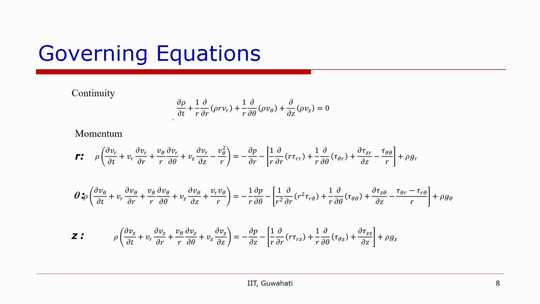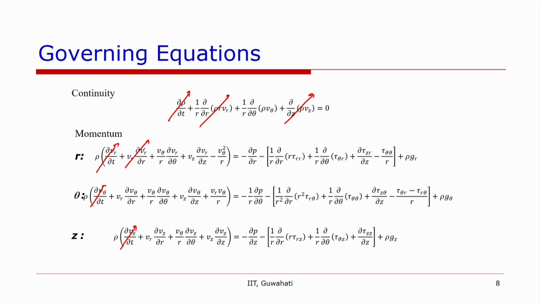Because the flow is steady, all time dependent terms will become 0. There is no Vr, so all terms containing Vr or Vz will be 0.